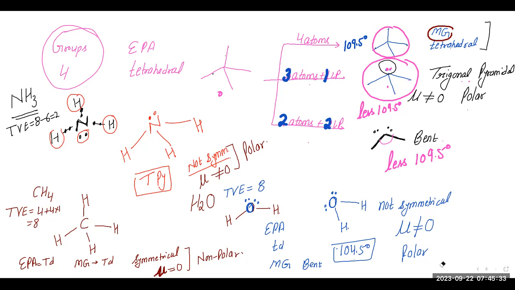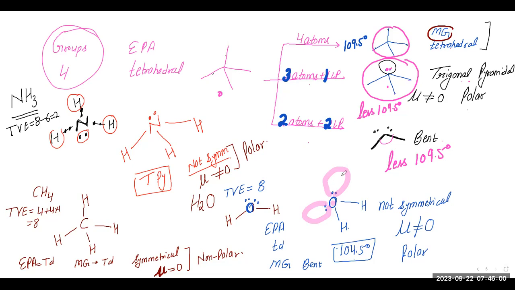So who is going to create more problem in the shape? The bond pairs or the lone pairs? What is the reason? If you look at the lone pairs, they are attracted by 1 atom, that oxygen. They are not attracted by 2 atoms, so they have less attraction. So they cause more repulsion.